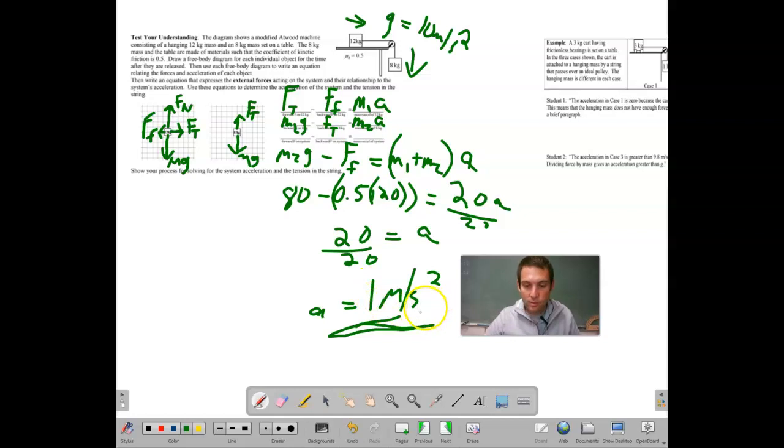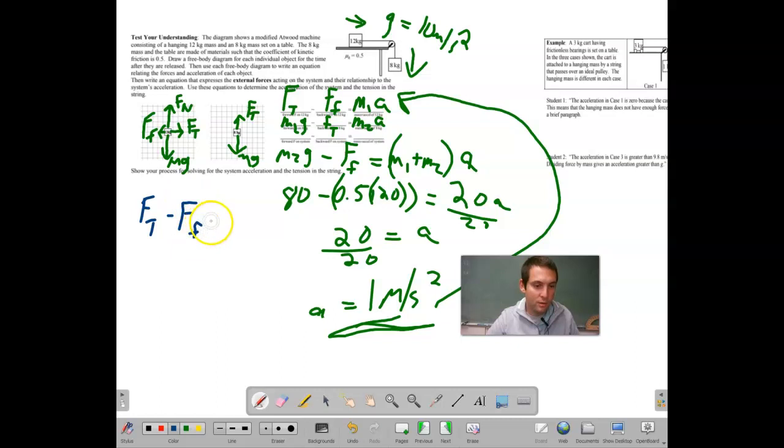Now, I can take this 1 meter per second squared, and I'm going to plug it into this equation. When I do that, I have Ft minus Ff. Remember, I'm solving for Ft right here. Mass 1 was the 12 times 1, so that's going to equal 12.